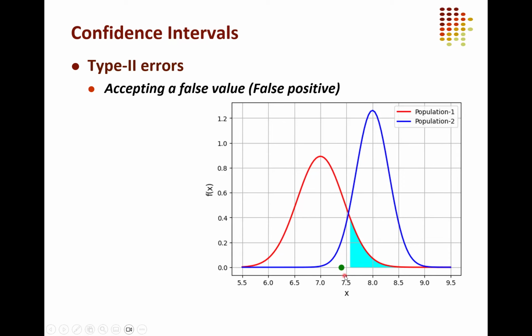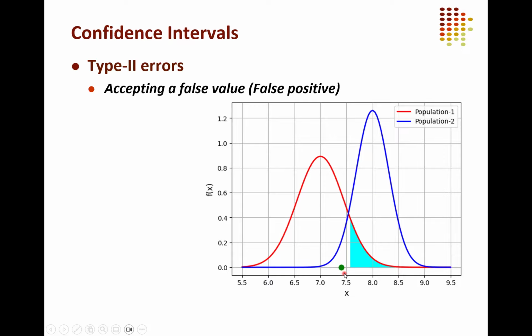However, if it is indicative of a true variation in the mean value, it must be accepted as a member of population 2.